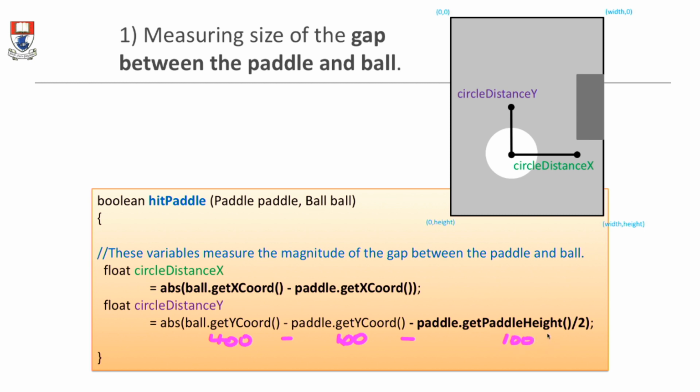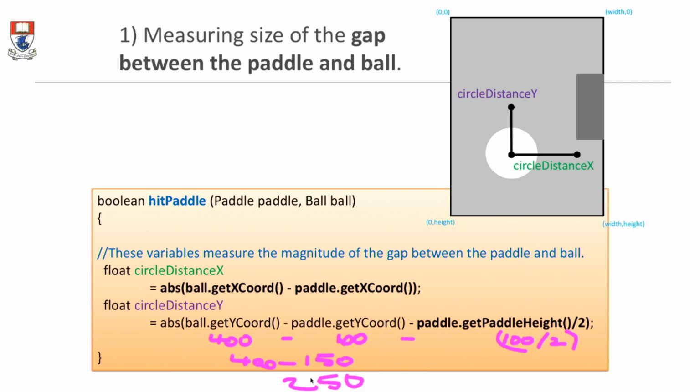Divided by 2. And the division will be carried out before the addition and subtraction. So we get 400 minus 100 minus 50. So that's 400 minus 150, which is 250.